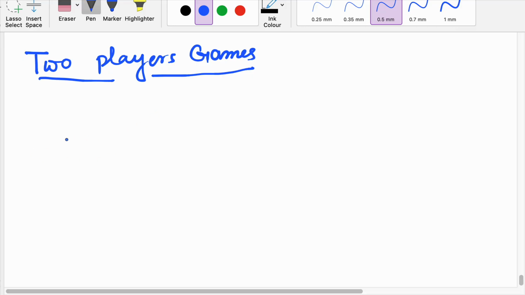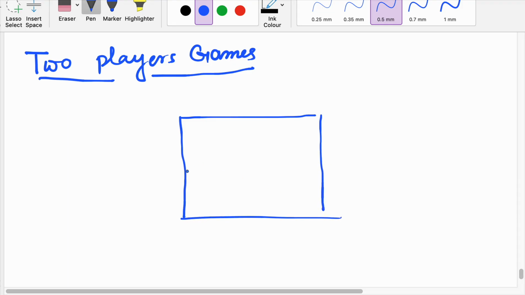Two-player games means there are two players. In technical words it is called a symmetric game, but let's not complicate the situation much. So there are player 1 and player 2.